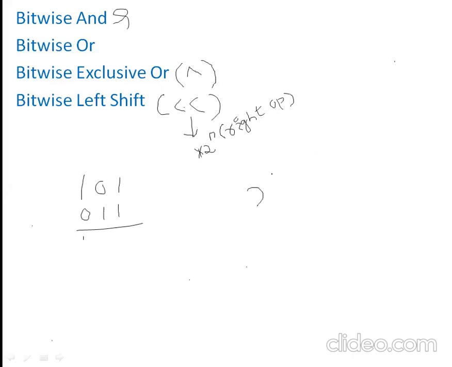Suppose x equal to 2, y equal to x left shift 3.